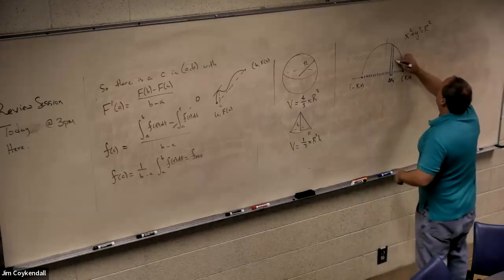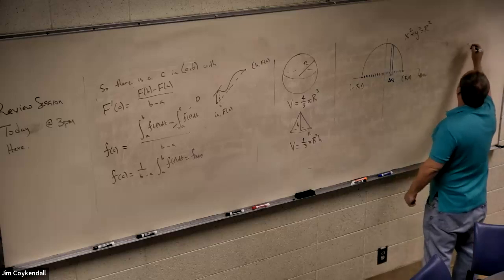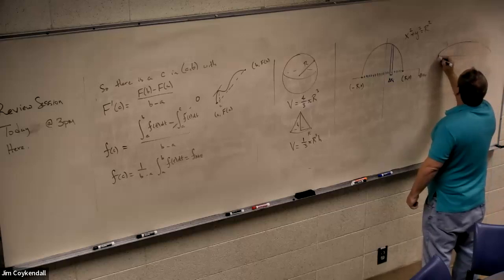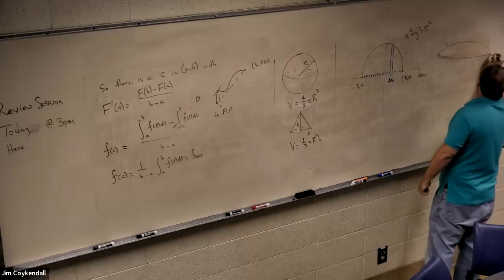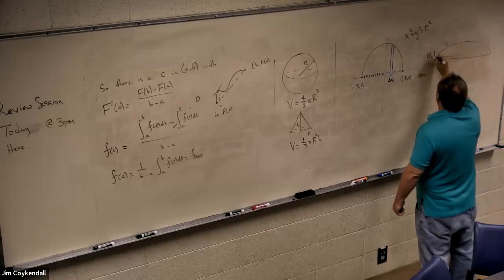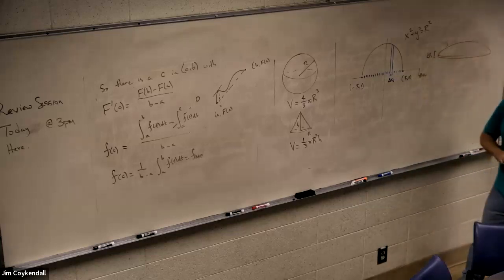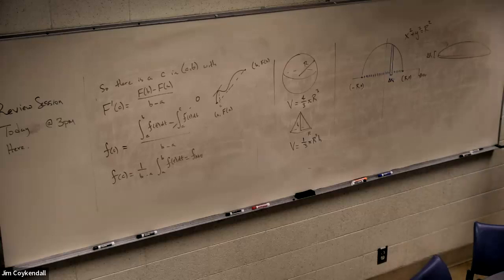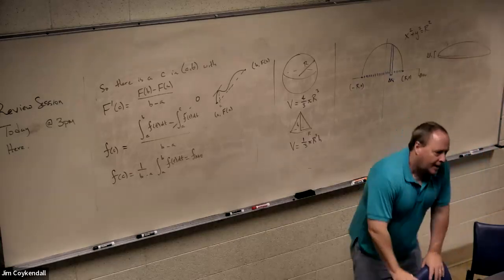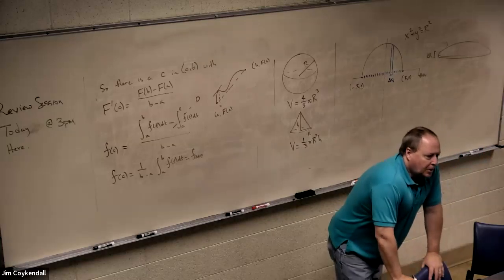So if I take this out and look at it, it's going to look like this, just a little tiny thickness. And that thickness is what I labeled over here, delta x_i. Now, my question is this: what's the volume of this? How would you approximate volume?